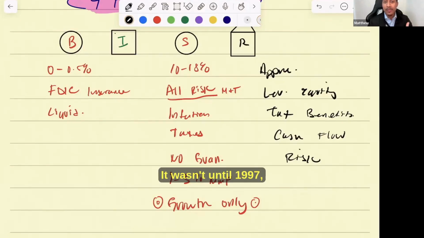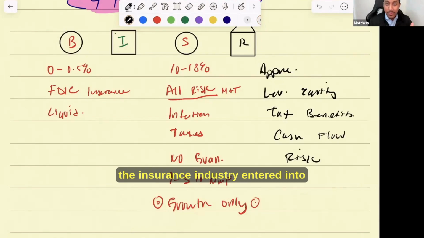It wasn't until 1997 that the insurance industry entered into the retirement space and started paying a rate of return. Prior to 97, most insurance contracts paid out a dividend or were variable contracts, like stock market strategies, which were a version of securities.